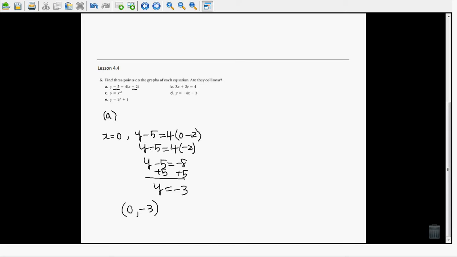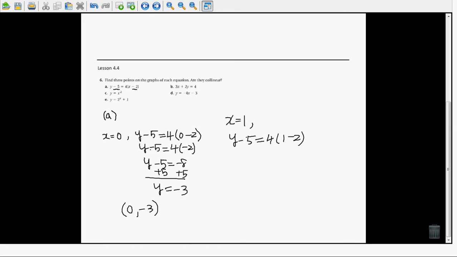How do we find the second point? Well, let's assume that x equals 1, or maybe 2, or 3, or 4, whatever. Plug that in. So y minus 5 equals 4 times x minus 2, and then just do it out. 1 minus 2 is negative 1.